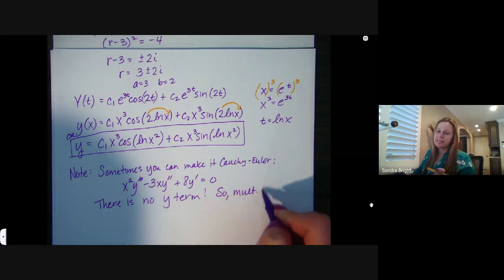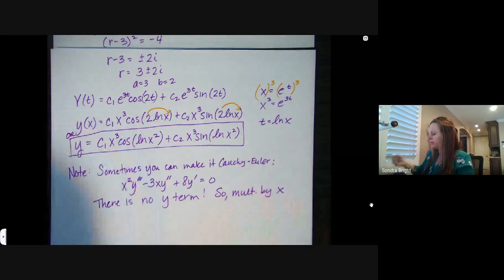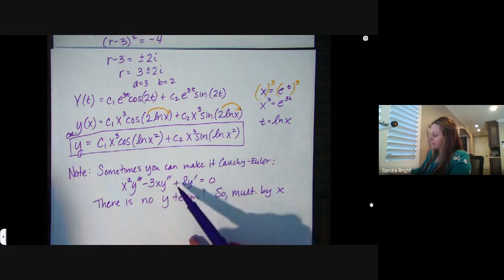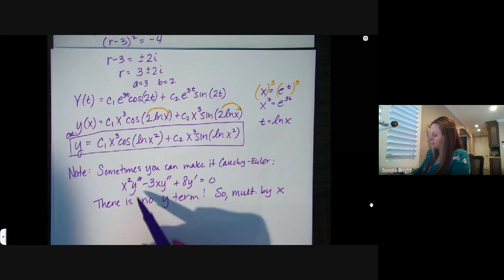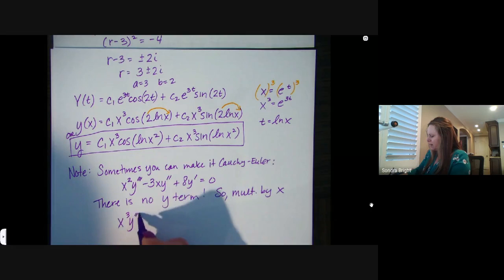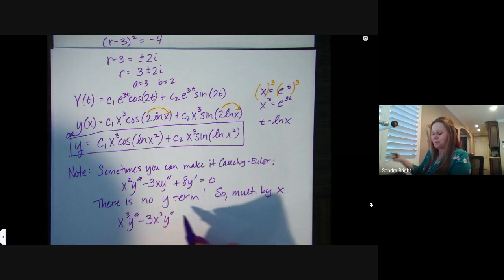If there was a y term, you can't do it, because if you multiply both sides of the equation by x, it wouldn't make it Cauchy-Euler. But in this case, since there's no y term, you can multiply both sides of the equation by x, and that would give you x cubed y triple prime minus 3x squared y double prime plus 8x y prime equals 0 times x is 0.